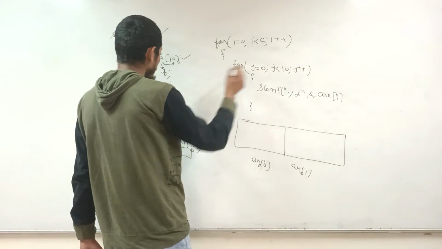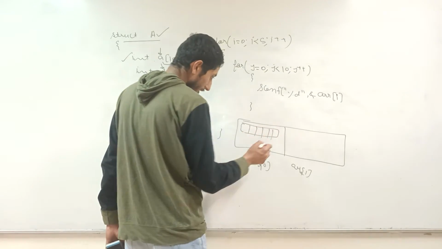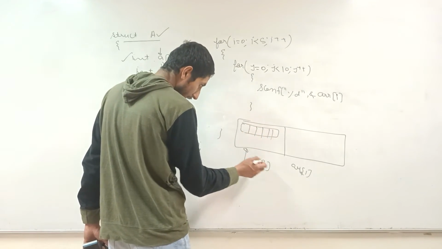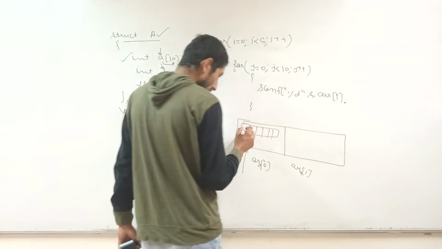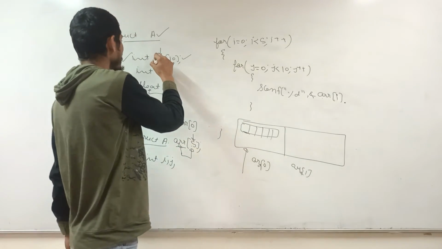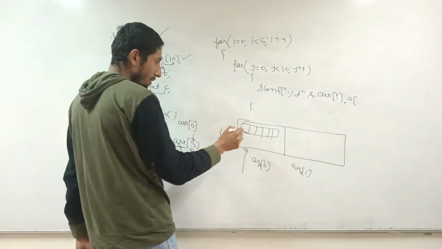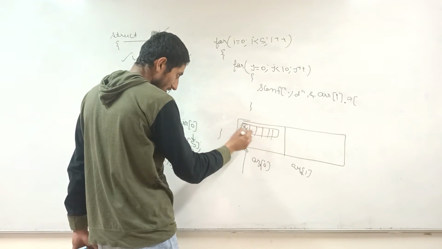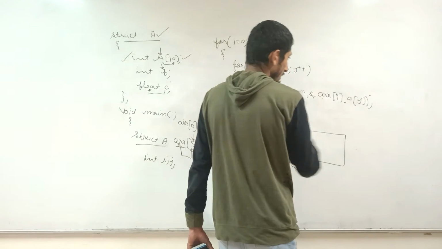So what is this? Inside this one I have a 10 element array. First of all, I have to touch ARR0, that is ARR0 dot. Then I have to touch this array. What is the name of this array? The name of this array is A, and I want to apply the loop at the very first position, that is the index j. Are you following this?